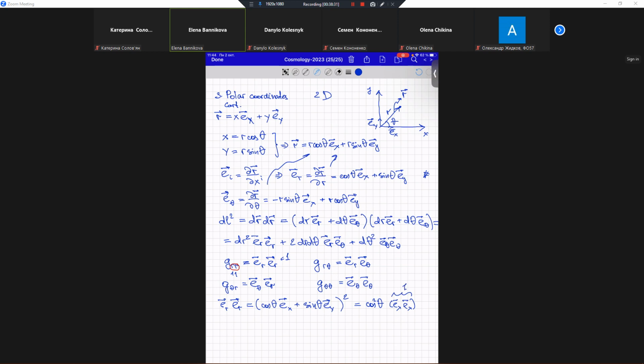Of course, the same will be with the sinus, so it will be sinus squared theta, because it will be again ey multiplied on ey, which is unity. And I will also have the mixed product ex ey, which is 0 for the Cartesian system.